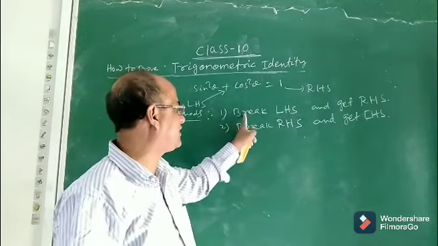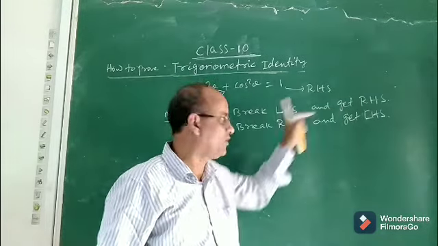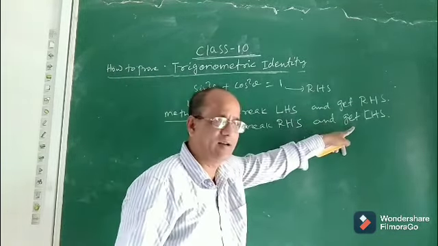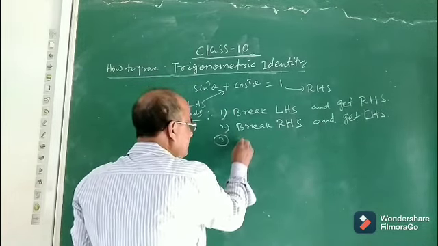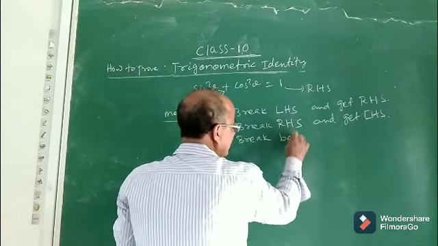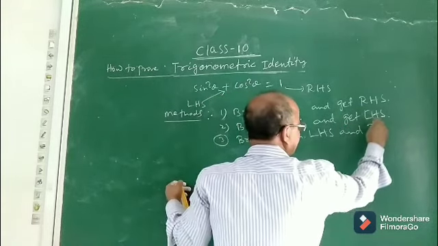The first method is either you break the left hand side of the identity and get the right hand side, or break the right hand side and get the left hand side. What is the third method? The third method is to break both LHS and RHS.